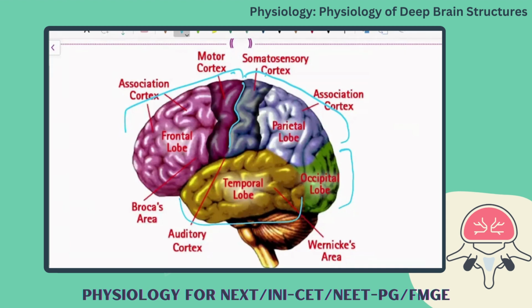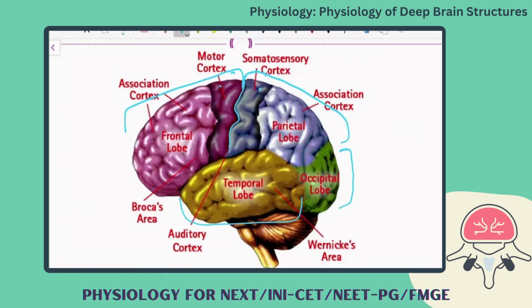Okay, so you have a major sulcus called the central sulcus. This central sulcus gives the division between the frontal and the parietal lobe.